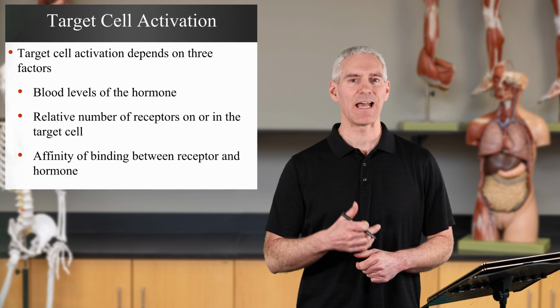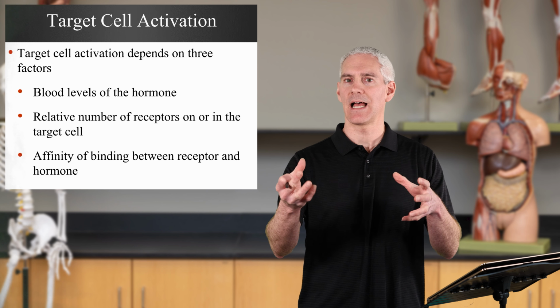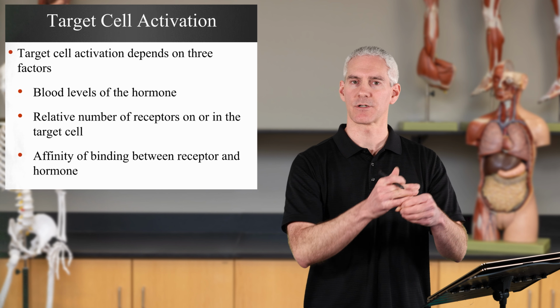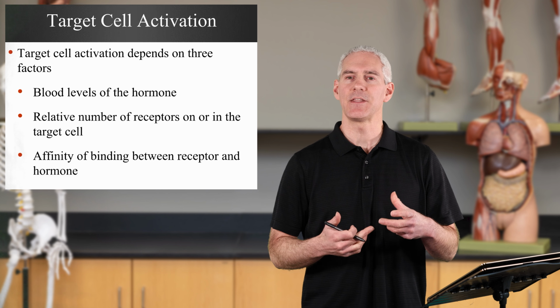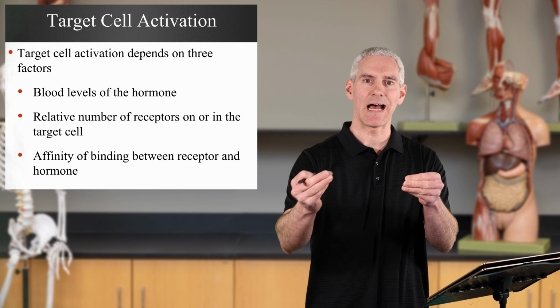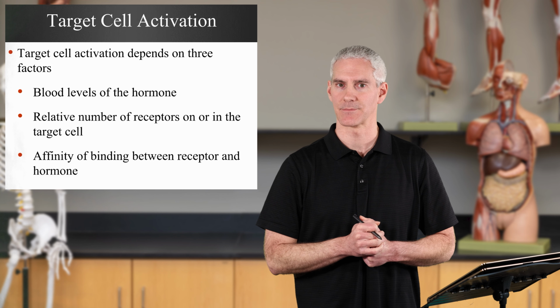And the third is the affinity of binding. What that means is sometimes the hormones, as they're going through the blood, have a stronger pull to certain receptors. If they don't have a strong enough affinity, those hormones might not be pulled towards the receptor, might simply pass on by and not bind.